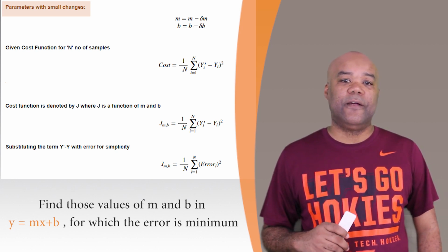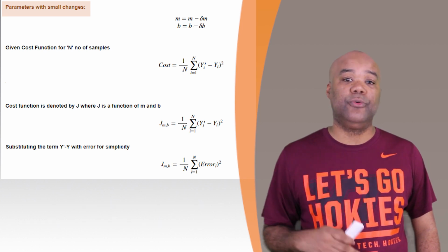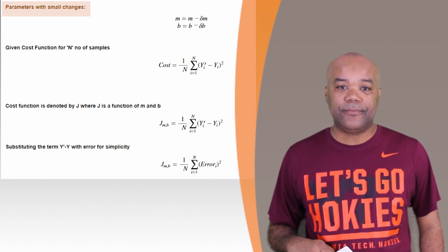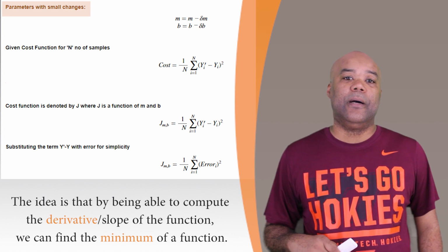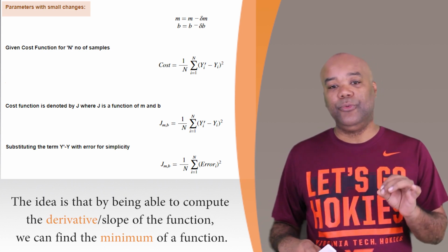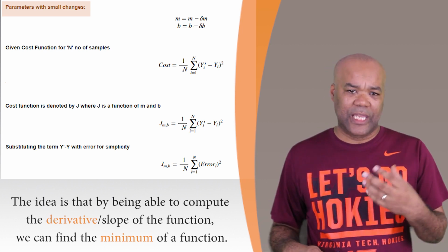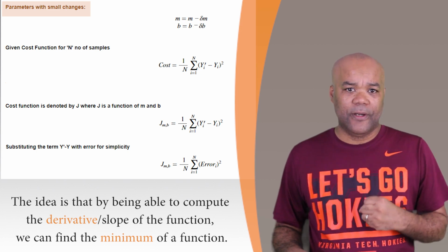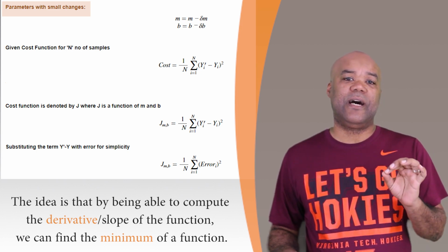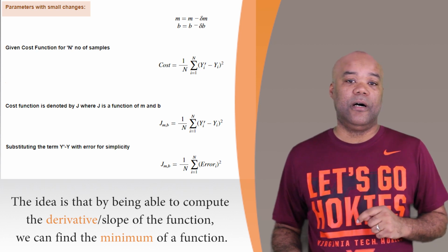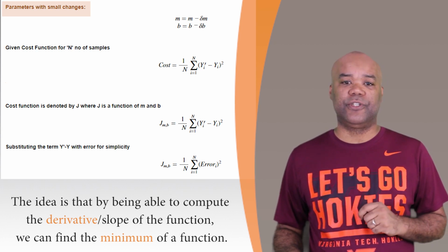So rewriting the cost function gives you what you see on the screen. Again, the idea is that by being able to compute the derivatives, or computing the slope of the function, we can find the minimum of the cost function.